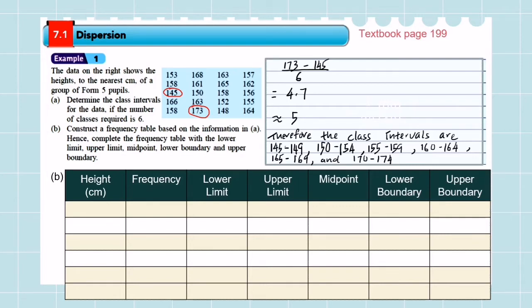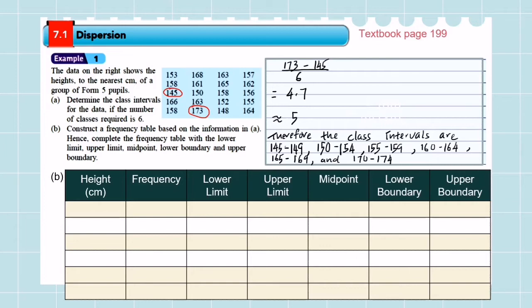B. Construct a frequency table based on the information in A. Hence, complete the frequency table with the lower limit, upper limit, midpoint, lower boundary, and upper boundary.